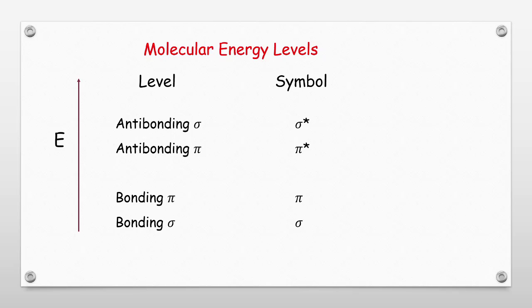Anti-bonding pi has energy lower than the anti-bonding sigma, represented as pi star. The non-bonding molecular orbital has energy in between. So the increasing order of energies is sigma, pi, n, pi star and sigma star.